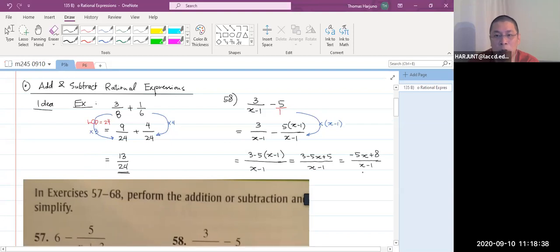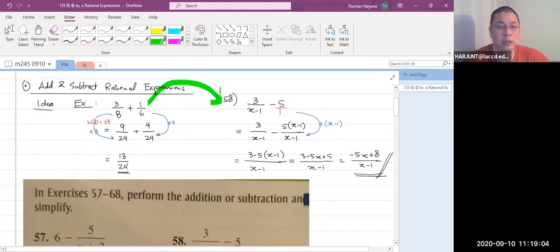Of course, we should try to factor in case something cancels. But in this case, the numerator and denominator cannot be factored further. So that's the rest. Okay, things will get more complicated from here, but you see the transition we have from algebra where we don't have variables. Now we have variables in the denominator, right? But the basic principle is still the same.